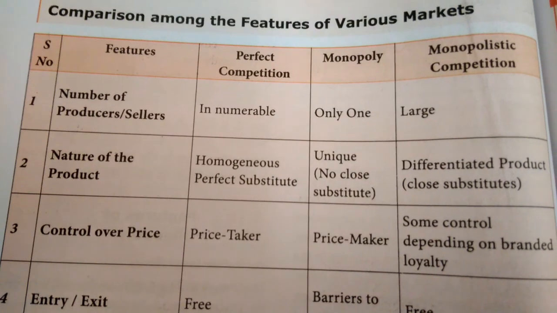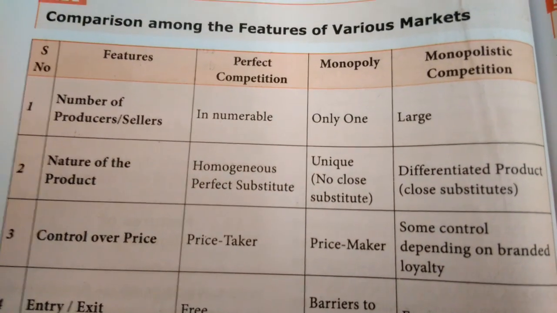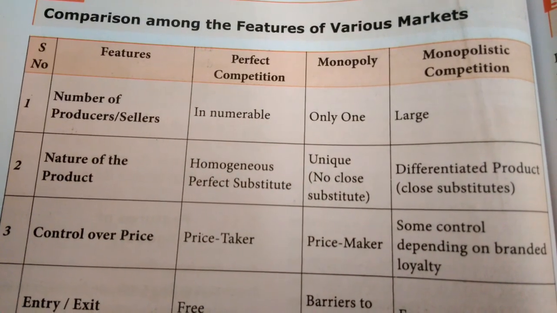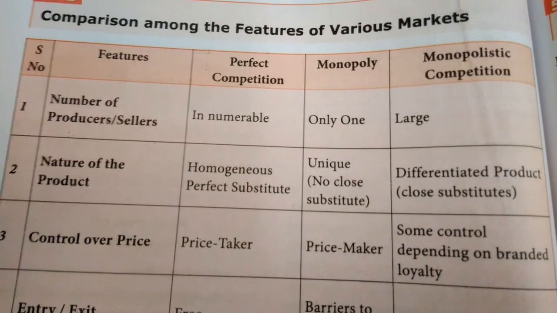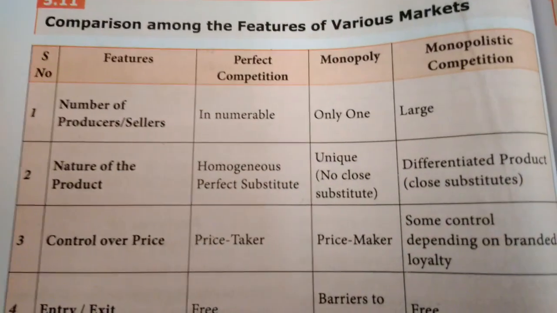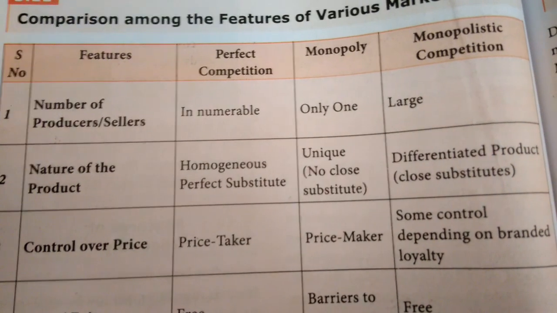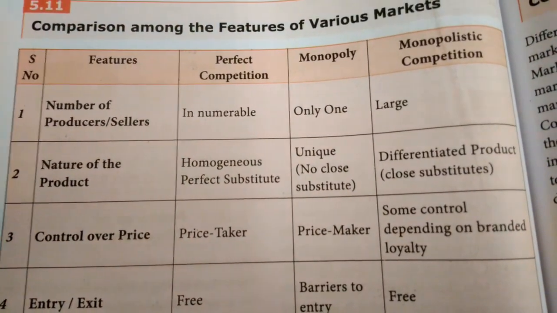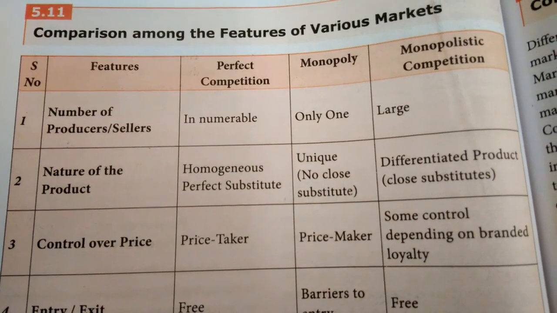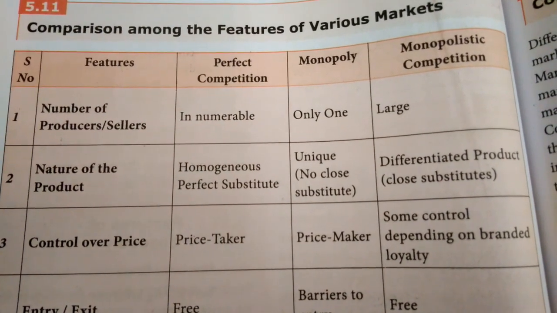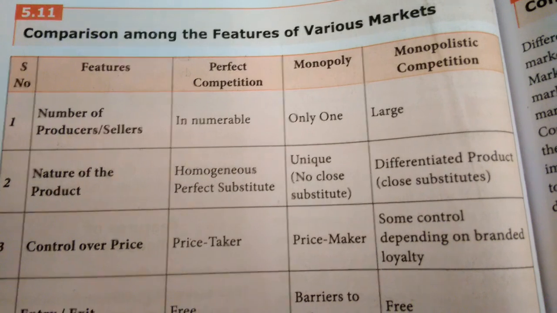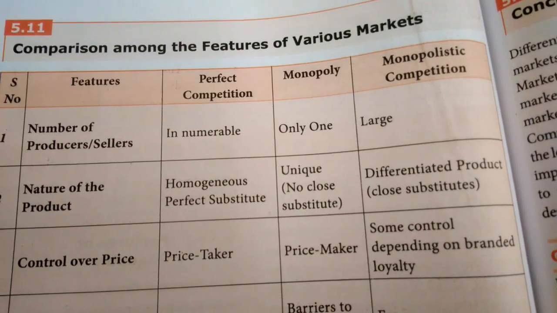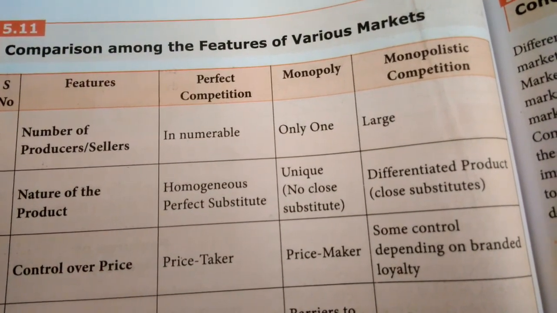First, considering the features, the number of products or sellers in perfect competition is innumerable. In perfect competition, as we have already studied, we cannot count the number of buyers and sellers; innumerable sellers and buyers will be there.